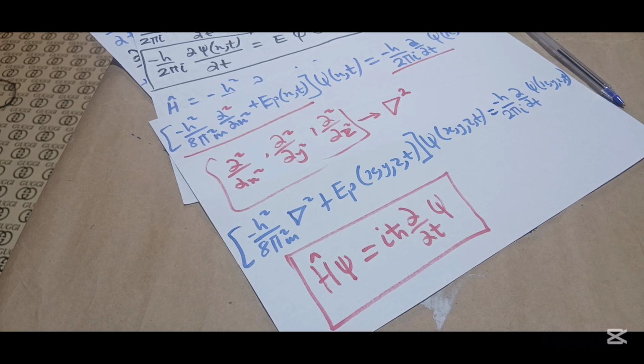The reason why we need to know this equation is that it describes how the quantum state of a physical system changes over time. There is a need to know both the time-dependent Schrödinger equation and the time-independent Schrödinger equation because they are complementary.